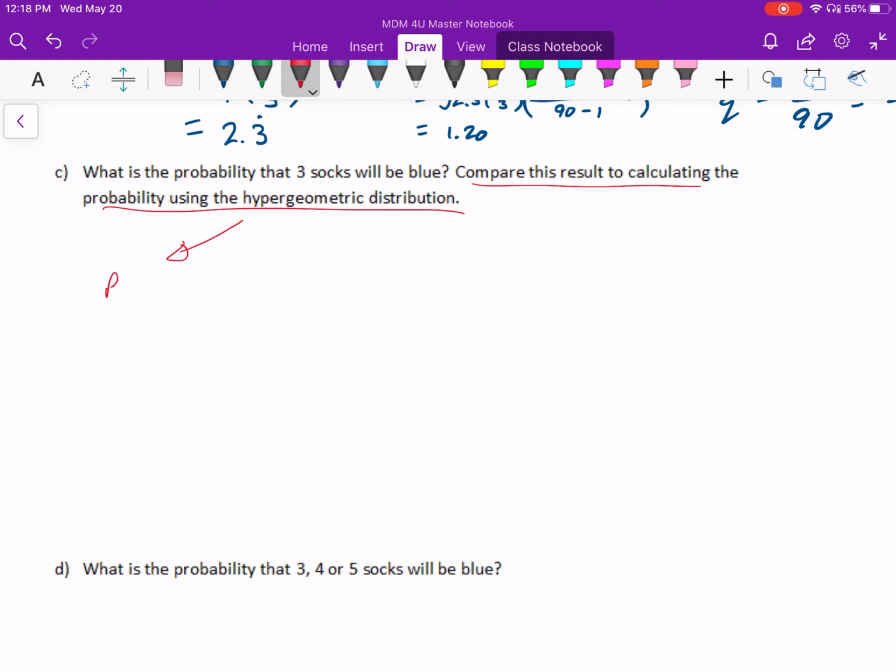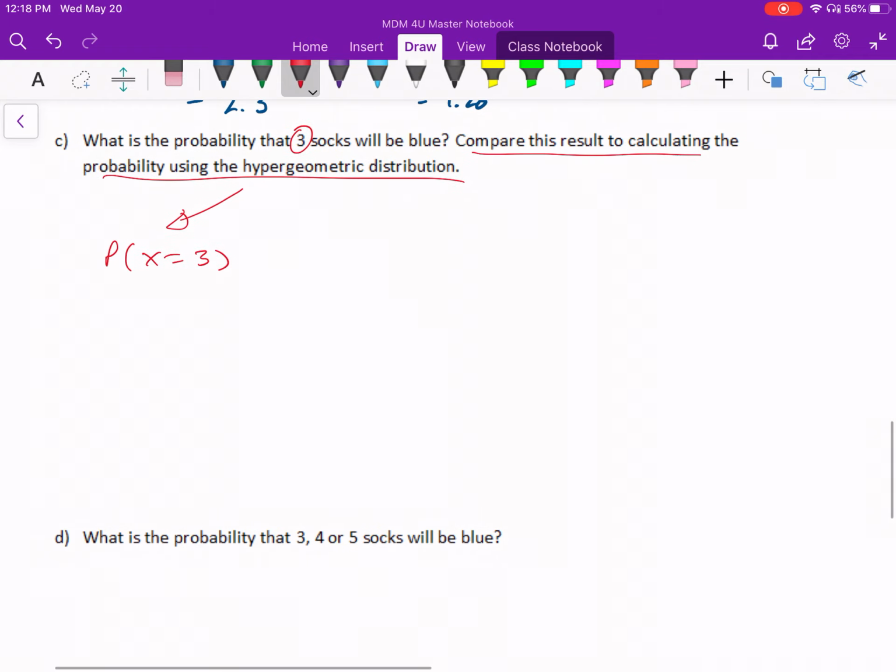So we want the probability that x equals 3, because we want 3 of the socks to be blue. So remember, the probability for hypergeometric distribution, it's total number of successes, and then we choose the number of that we're looking for, so possible successes and how many we want, times number of failures possible, choose the number that we want of that.